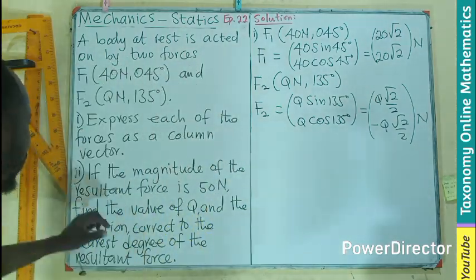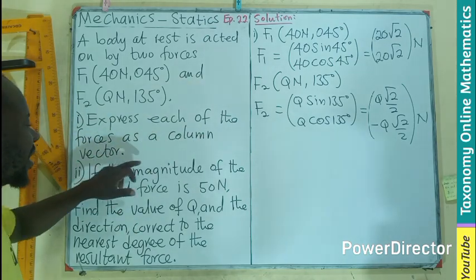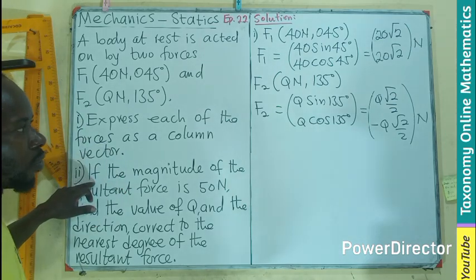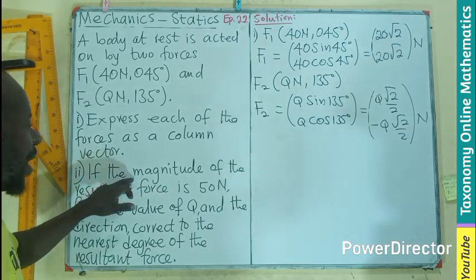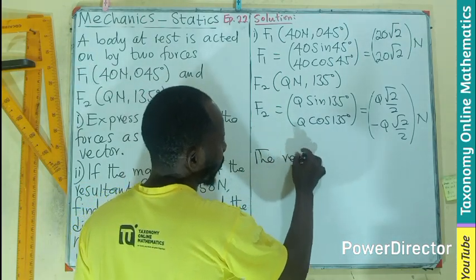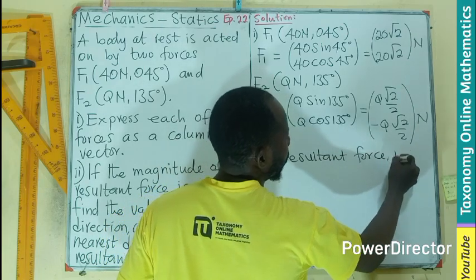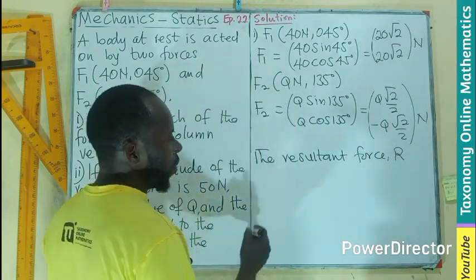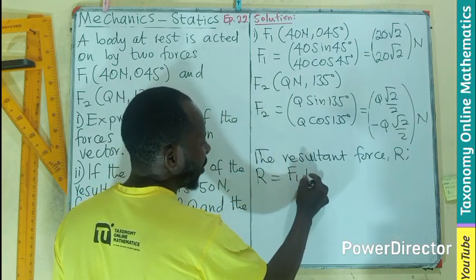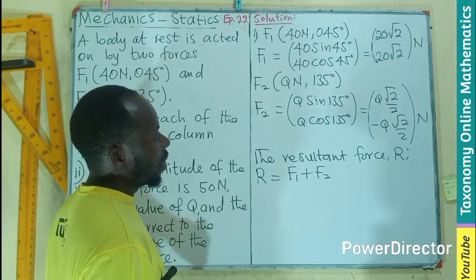All right, we are done with the first part, which says express each of the forces in the column vector form. So we have the column vector form. Now, the magnitude. Here we need to find the resultant force, which will be R, equal to force 1 plus force 2.